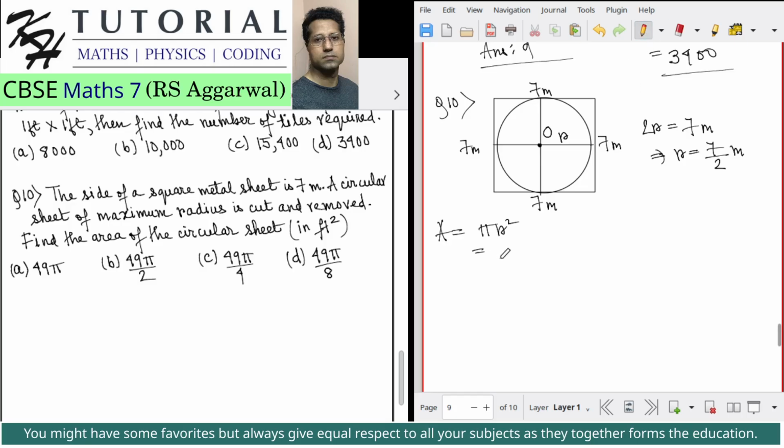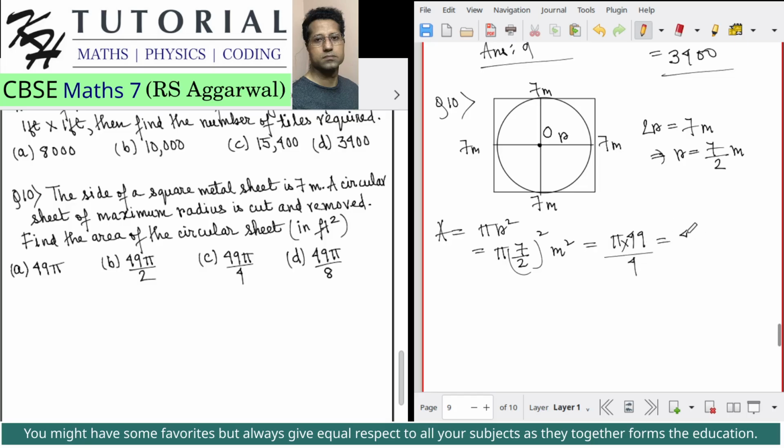So the area of the circular sheet will be pi r square. Okay, so this is equal to pi. We need not put the value of pi as 22 by 7 because pi is already there in all the given choices. Now what is r? R is 7 by 2 square, this much meter square, and 7 by 2 whole square is 49 by 4.